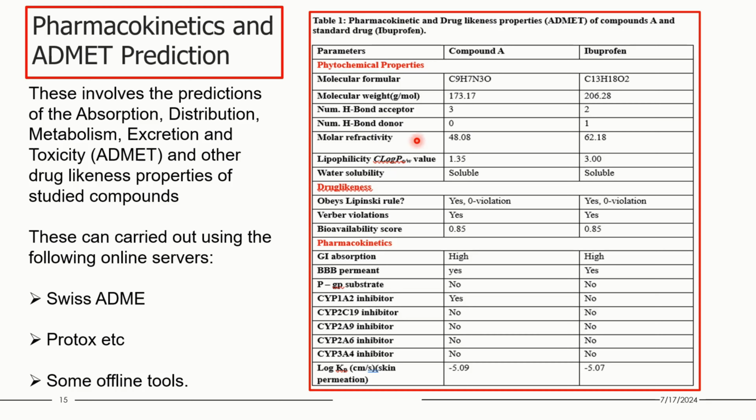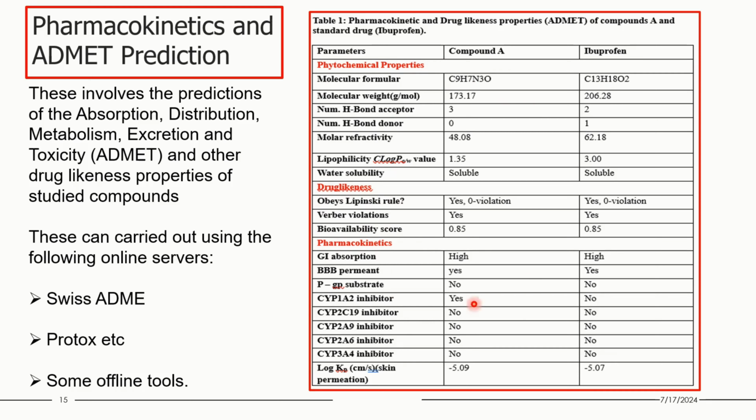As you can see by the table at my right, this is an example of a study I did not long ago, where a particular compound, which I titled compound A, from a particular plant, is investigated against a standard drug, ibuprofen. You can see the phytochemical properties, the drug likeness properties, and the pharmacokinetics properties.